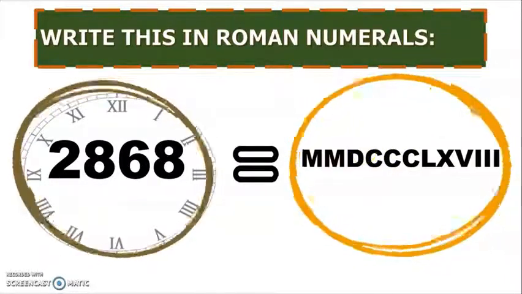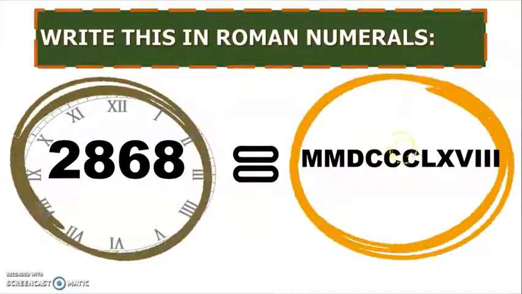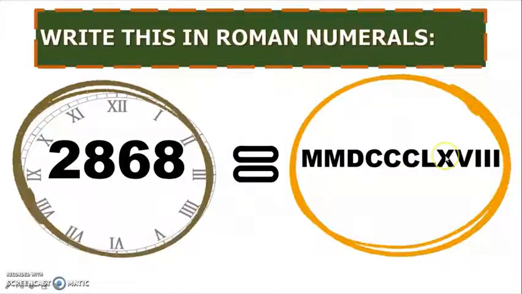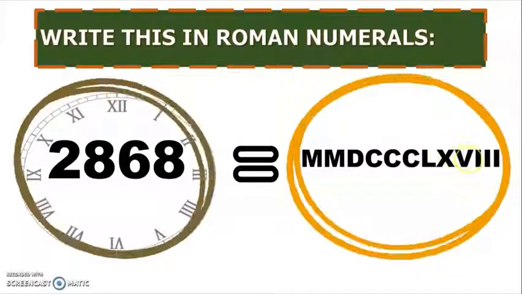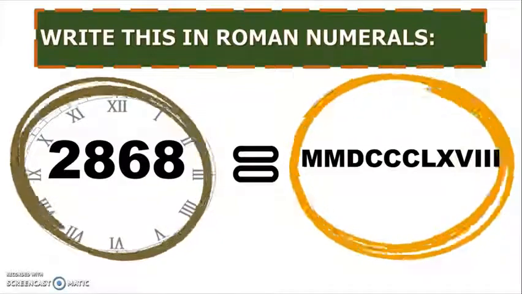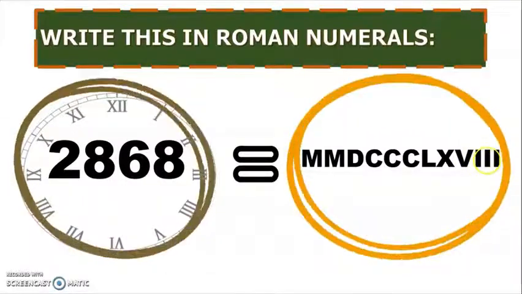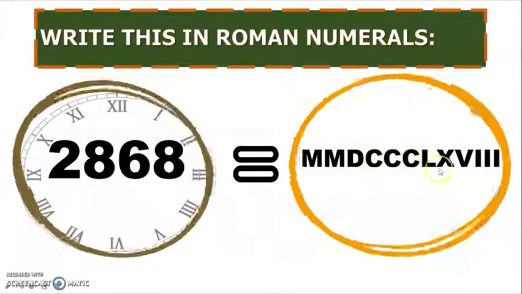It is 800 in all. DCCC plus X is 10, then V and III is 8. Therefore, CCCLX.